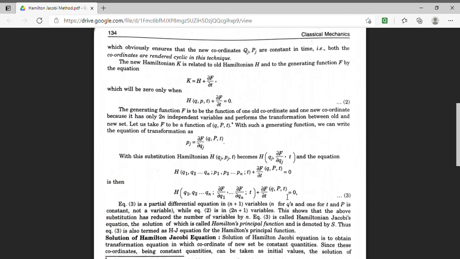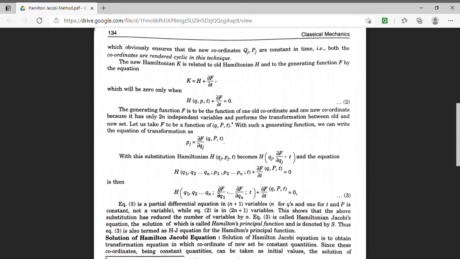From here we can see that it is a partial differential equation. Now we are going to find on how many variables this depends. As in this expression there are n variables of q. That means it depends on n variables.